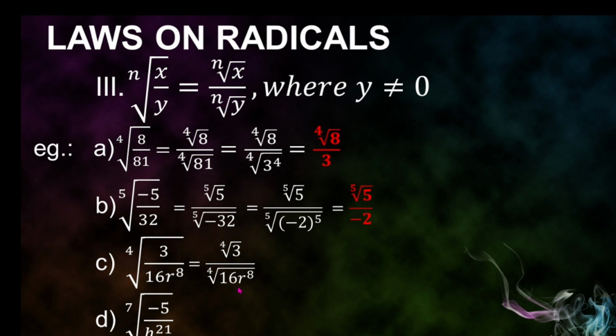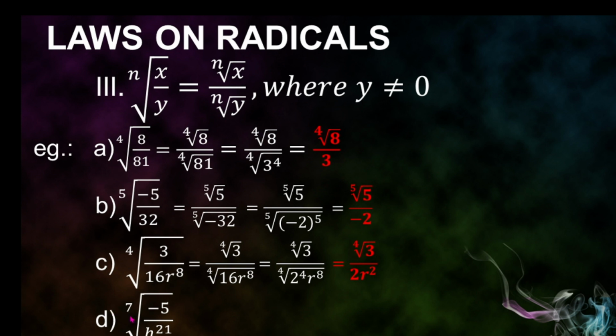While for the denominator, 16 is a perfect fourth, while for r raised to 8, our exponent is a multiple of the index, which is 4. So we can rewrite it as the fourth root of 3 over the fourth root of 2 raised to 4 r raised to 8. Therefore, we have the fourth root of 3 over 2 r squared.